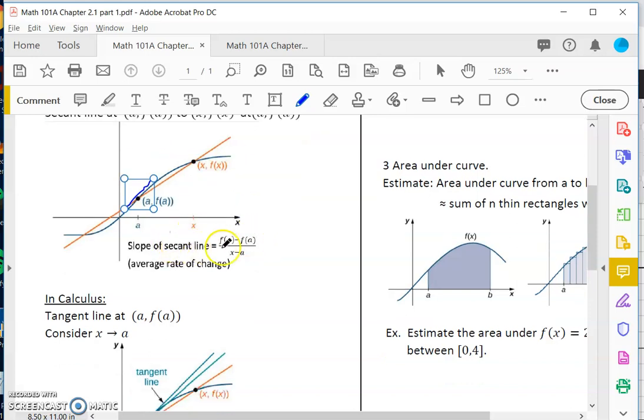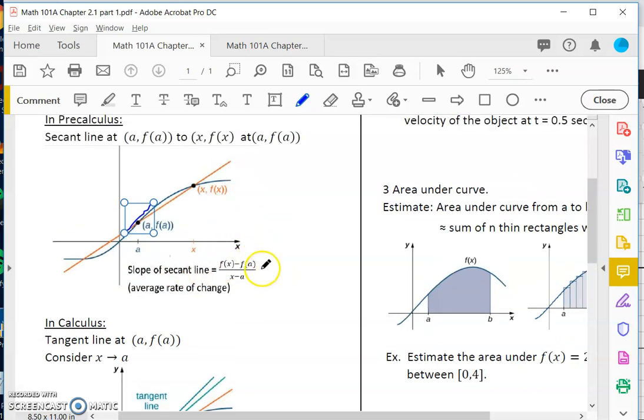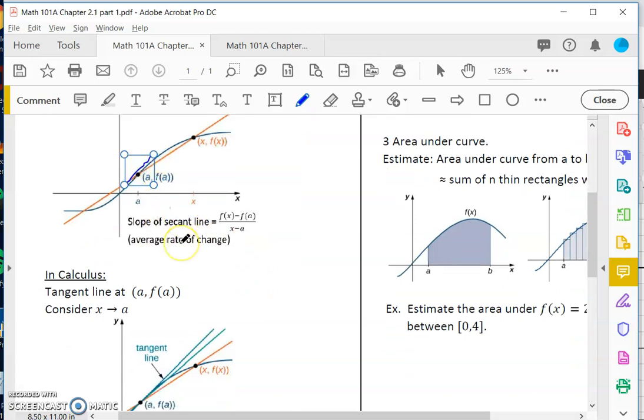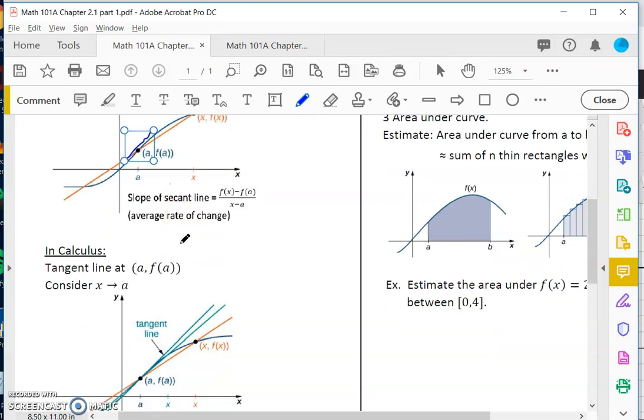The slope of a secant line would be f of x minus f of a over x minus a. Change of slope is always change of y over change of x, and we call it average rate of change. Remember, this is the slope only. If you have the slope and a point, you can find the equation of the tangent line.